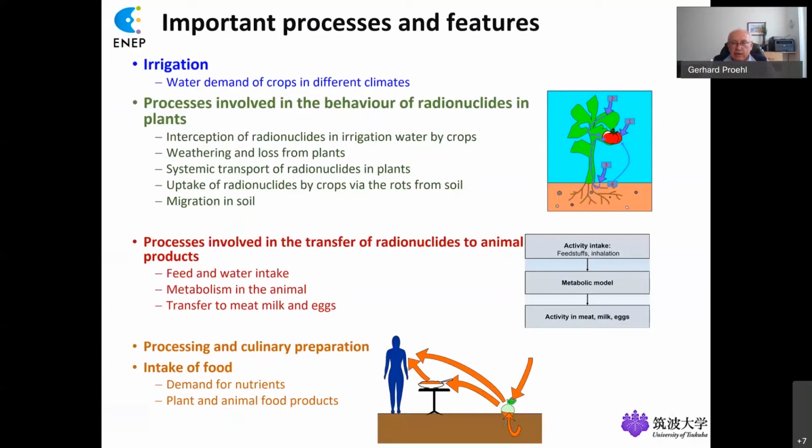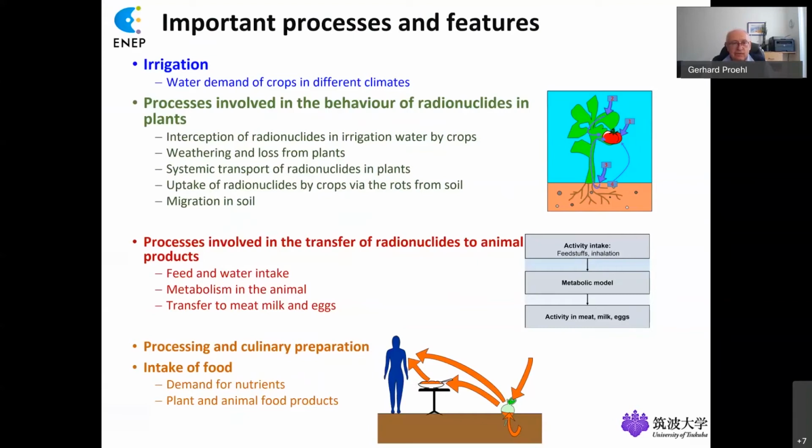Then we have the processes involved in the behavior of radionuclides in the plants. You see on the right side this image. We have the interception of radionuclides in irrigation water by crops. This is the amount of the fraction of radioactivity which is retained by the plant.